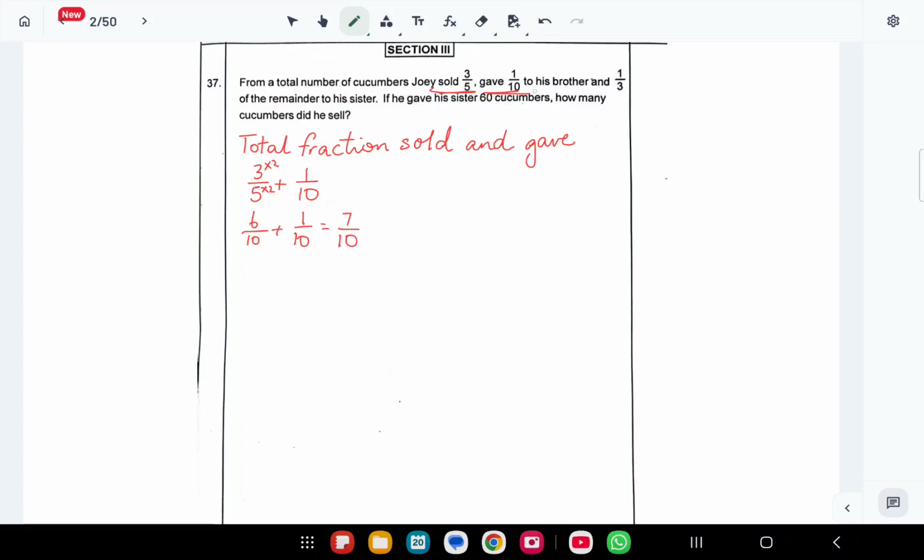Moving on from that part now, they said that he gave 1/3 of the remainder to his sister. But we don't know what fraction remained after he sold and he gave to his brother. So what we need to do is to calculate now the remaining fraction.